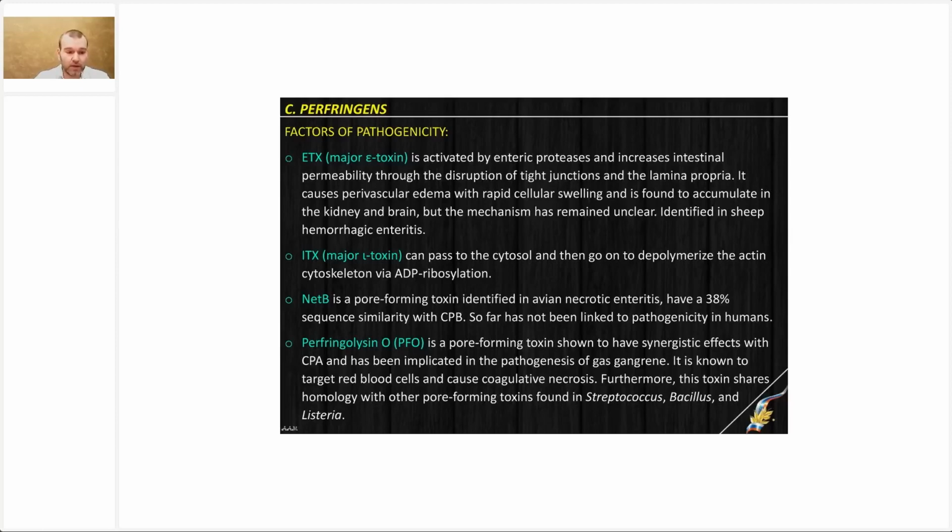Few more minor toxins which are important in pathogenesis of the diseases. One is NET-B.